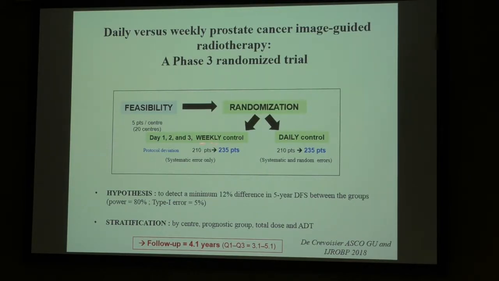So in this trial, I just wanted to test if we had to use IGRT daily to correct for both systematic and random error, or only day 1, day 2, day 3, and weekly control to correct for systematic error only.